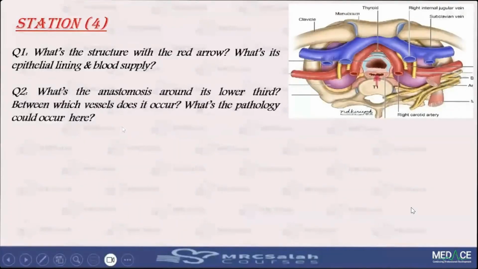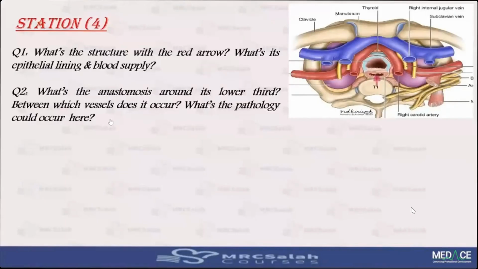And what is the anastomosis around its lower third? There is a portosystemic anastomosis around the lower part. Between which vessels does it occur? Between the left gastric and esophageal veins. And what is the pathology that could occur in this area of anastomosis?